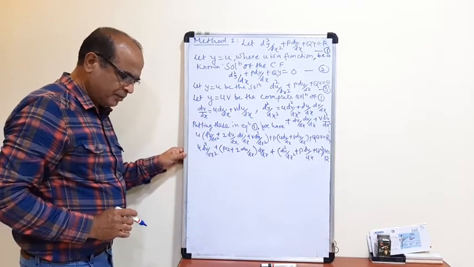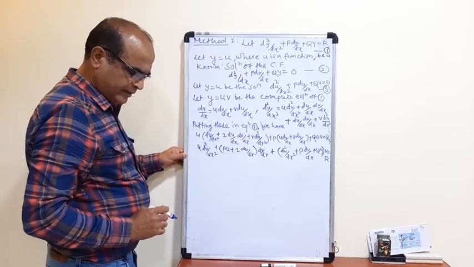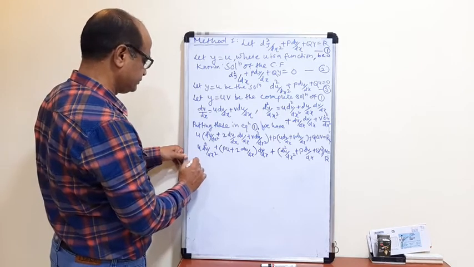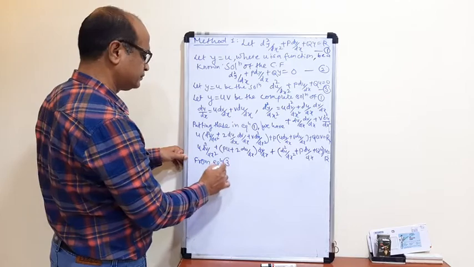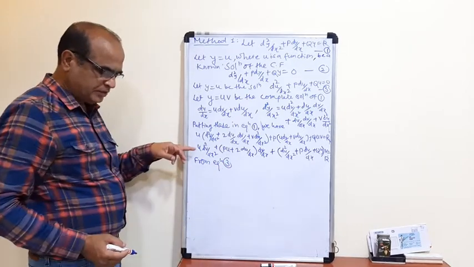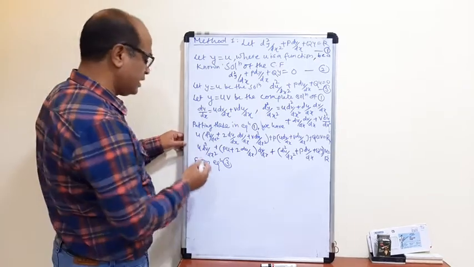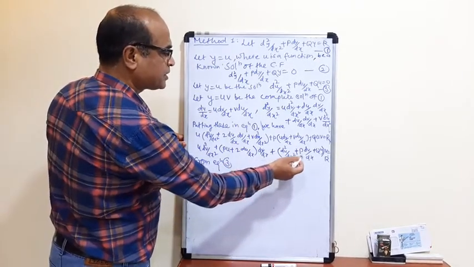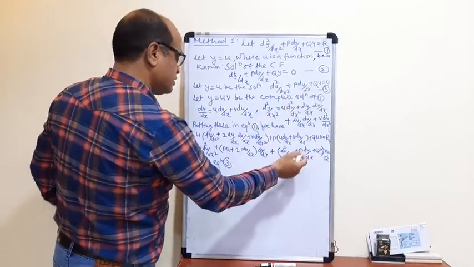So from equation 3, this equation becomes: d2u by dx square plus p du by dx plus qu is equal to 0. So from 3, this is 0.